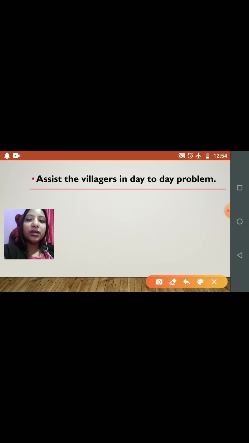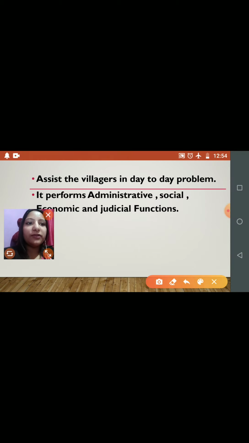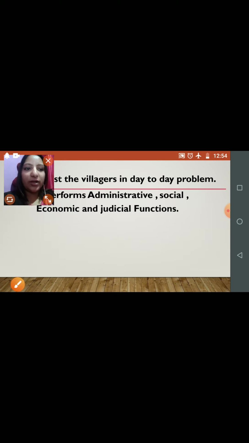So there needs to be an institution which can assist the villagers in their day to day problems. It performs administrative, social, economic and judicial functions at the village level. It looks after all these matters, so we need to have a panchayat at the village level.